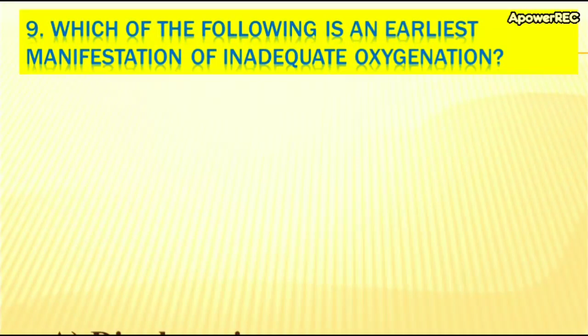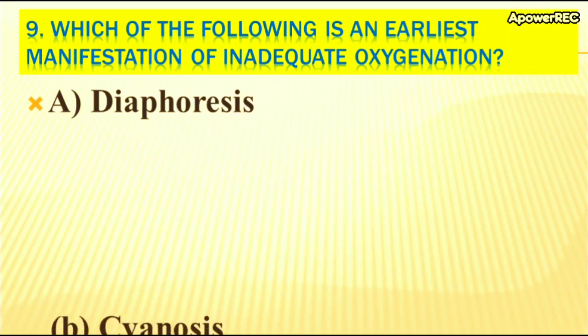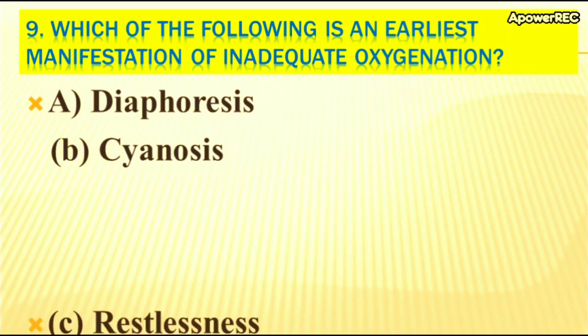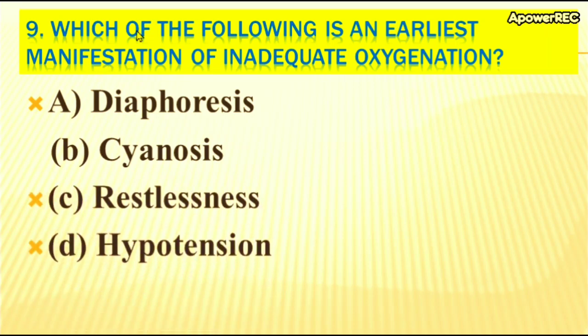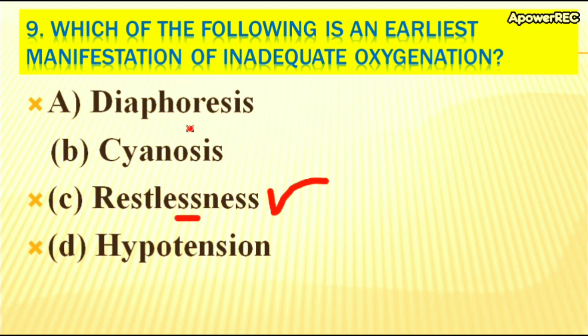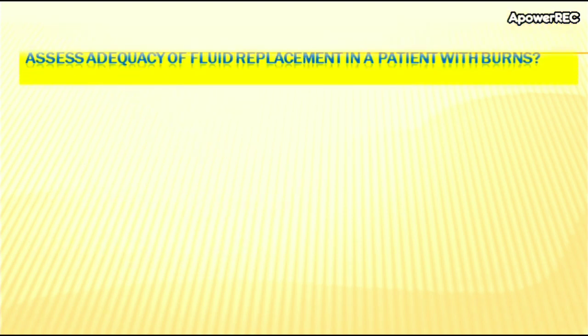Which of the following is an earliest manifestation of inadequate oxygenation? Diaphoresis, cyanosis, restlessness, hypotension. Correct answer is restlessness. Restlessness is the earliest manifestation of inadequate oxygenation. What is diaphoresis? Diaphoresis means excessive sweating. Next question.